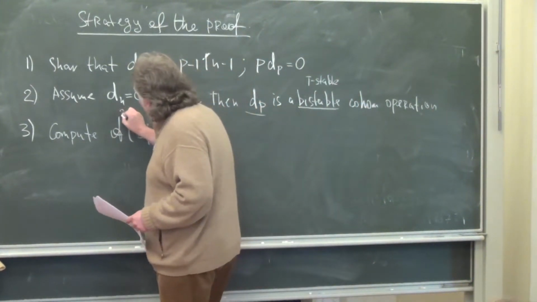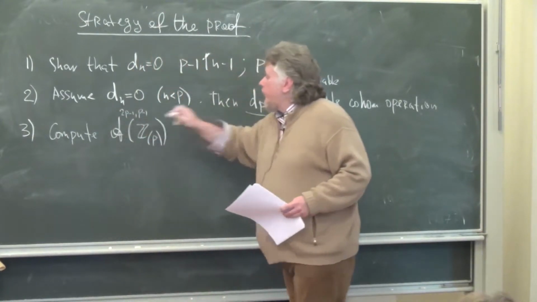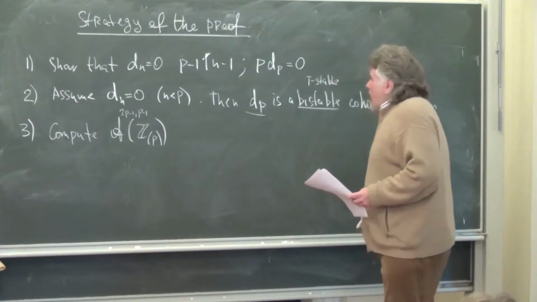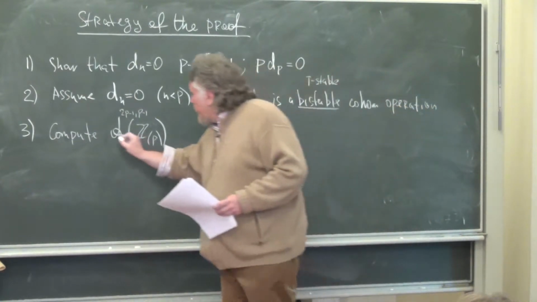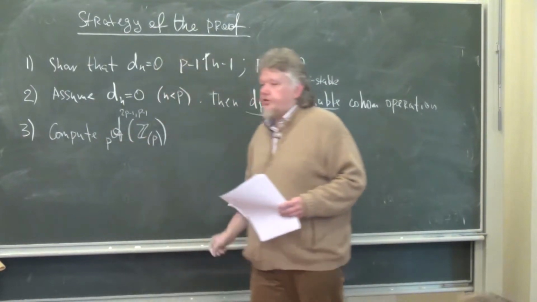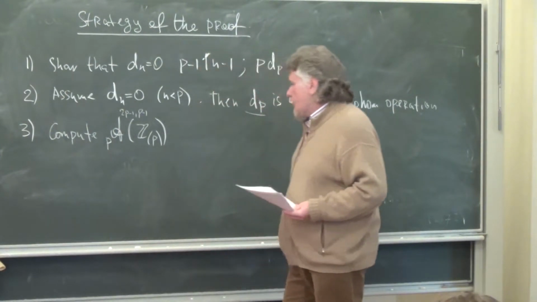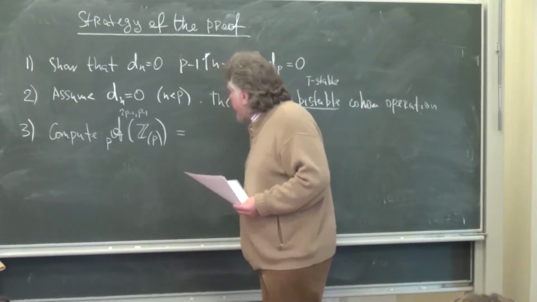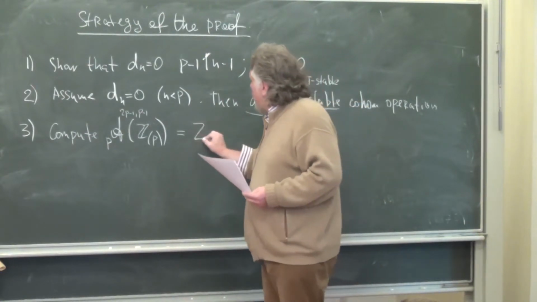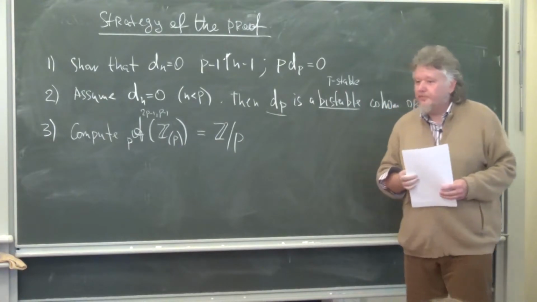We are actually interested only in one term of the Steenrod algebra corresponding to the degree of our differential. And since it's of order p, we're actually interested only in p torsion in the Steenrod algebra. So we want to compute this thing, and it happens, so we are lucky, it happens to be pretty small. It's only Z over p.